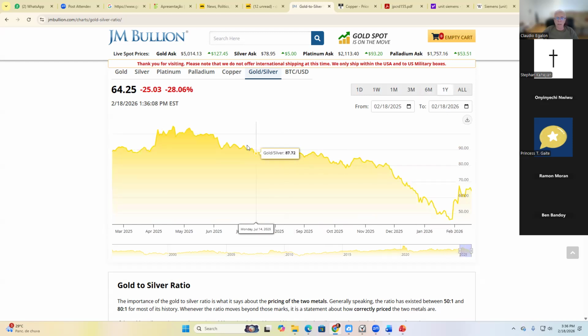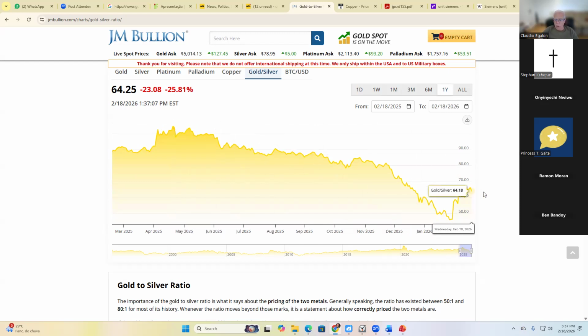So many people think that silver is still very cheap because of this ratio. The historical ratio of gold per silver is around 17, which is also the abundance of silver with respect to gold in the Earth's crust.